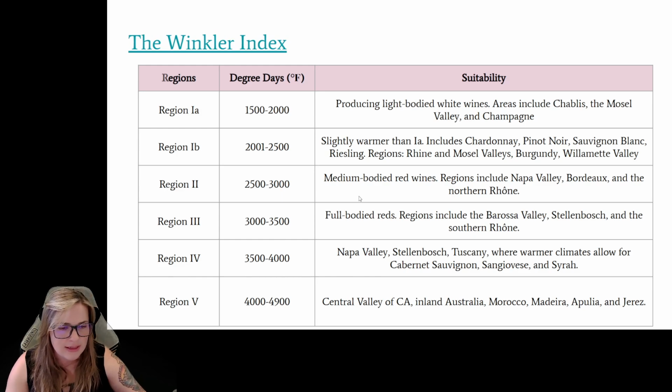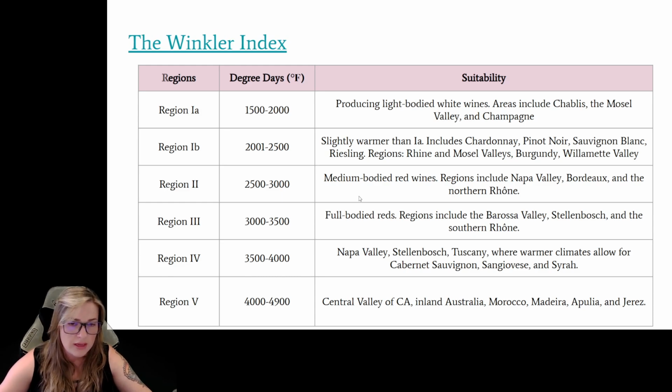Cool. So here's an example of the Winkler Index. We have regions 1 through 5. Over time, we've been able to split it into 1A, 1B, and kind of subclass it for more detail. So here's an example of the degree days. So region 1A is anywhere between 1,500 to 2,000 growing degree days.